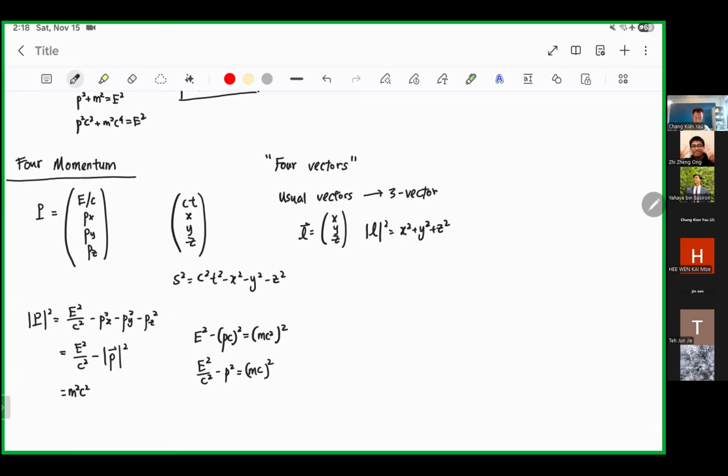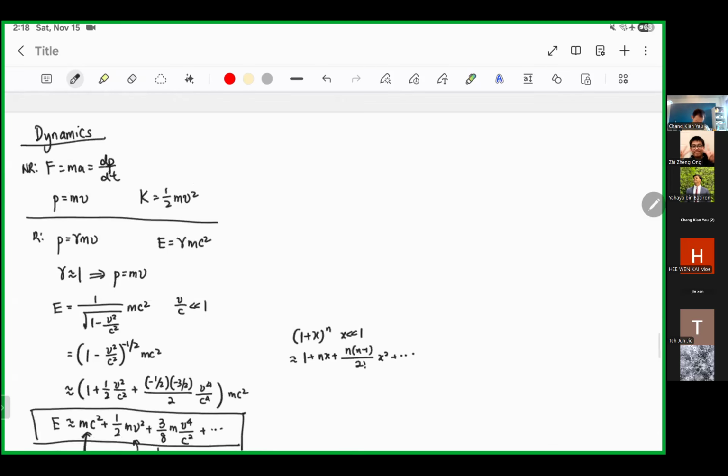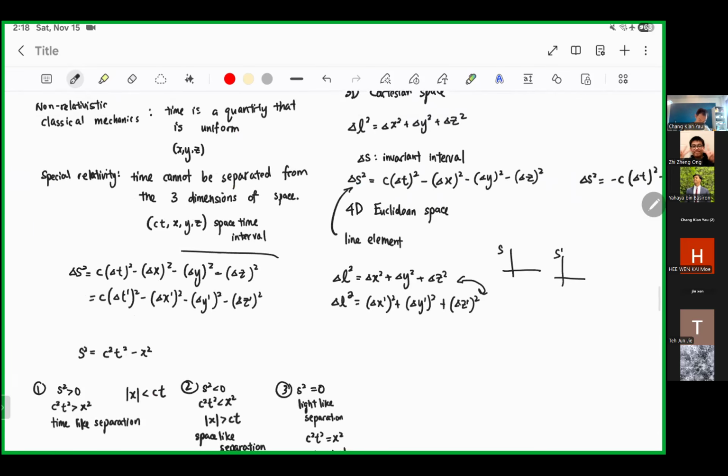Similarly, because we said that S squared is invariant when I transform frames, going back to here, you can prove it yourself that it's the same in different inertial frames.